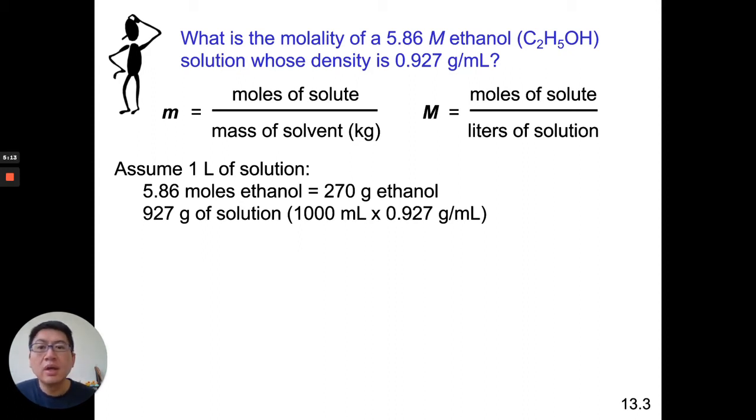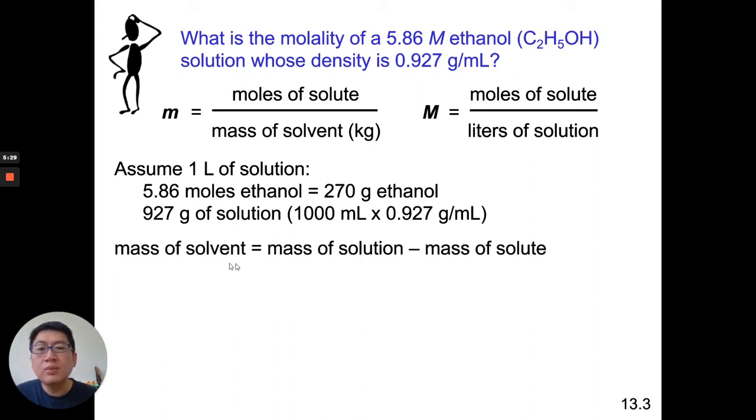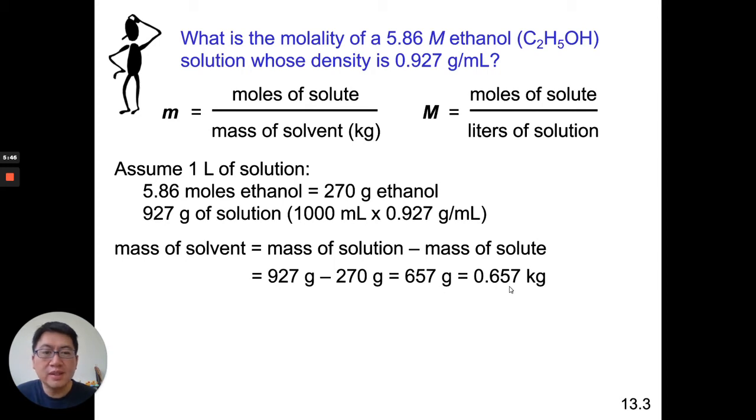The alcohol and water together weigh 927 grams, and the ethanol weighs 270 grams. So the weight of just the water, my solvent, is 927 minus 270, or 657 grams of water, or 0.657 kilograms of water.